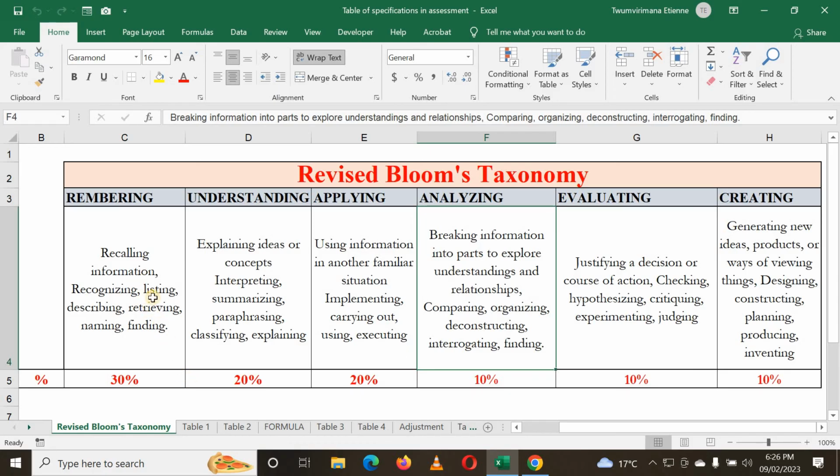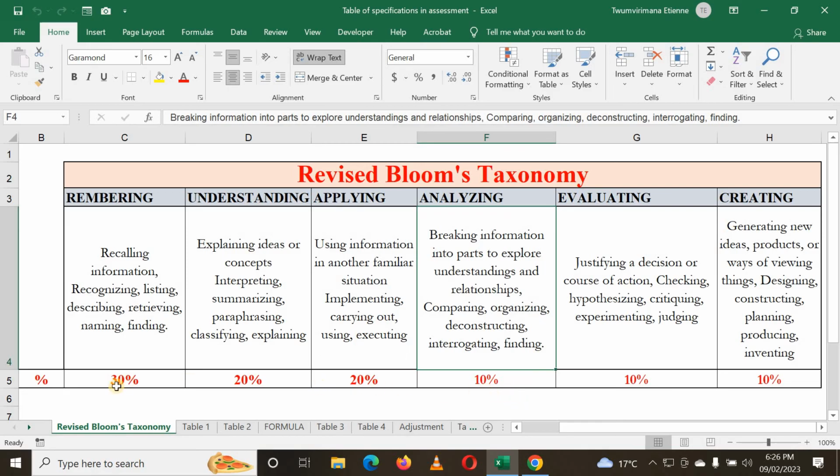All those questions that require students to remember are counted as 30% in the table of specification, and this assessment will be standard. Understanding 20%, applying 20%, and those higher level thinking will occupy 30% of the whole test or the whole assessment.